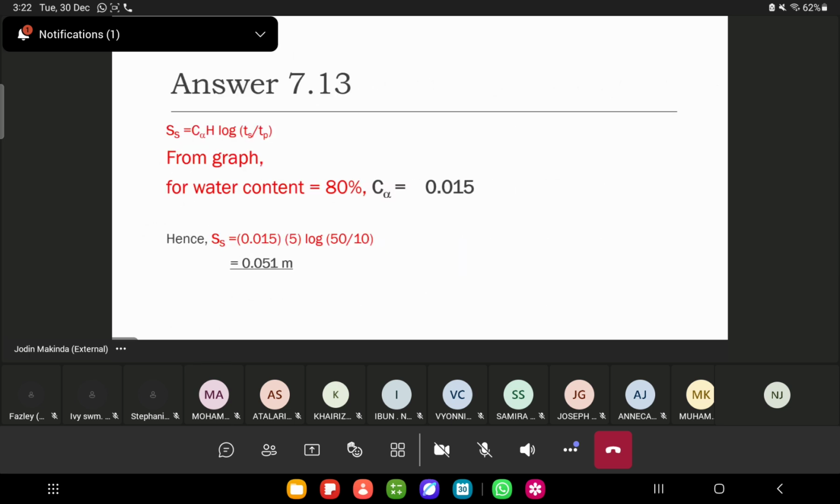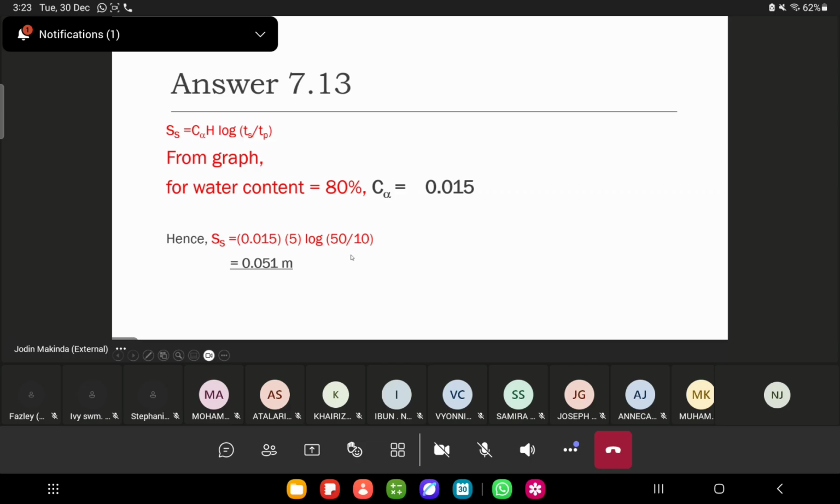Therefore, from the graph here, water content 80%, the coefficient of secondary compression is 0.015.